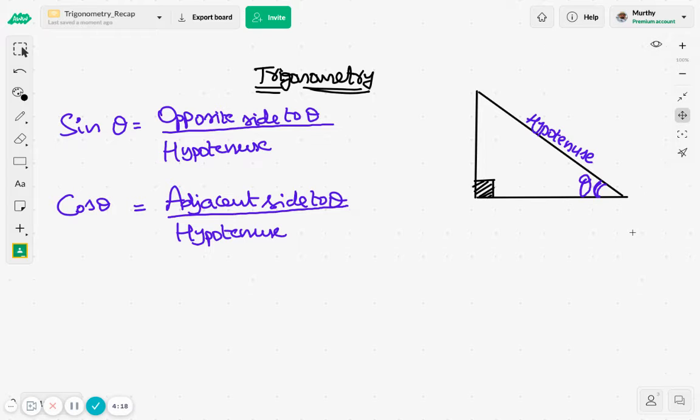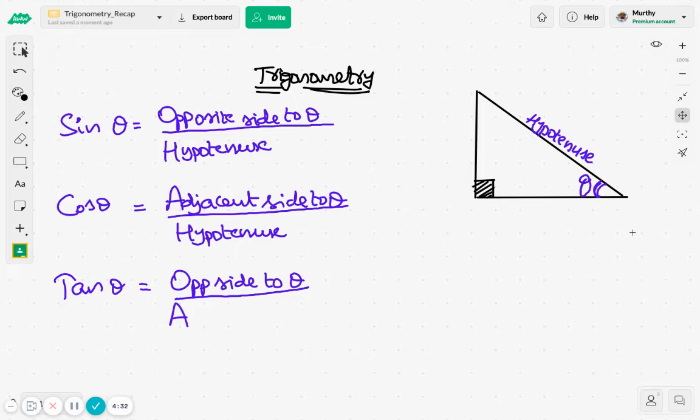And the third one is tangent. We take the first three letters as tan theta, which is opposite side to theta over adjacent side to theta. So here we already identified the hypotenuse, the side opposite to 90 degrees.